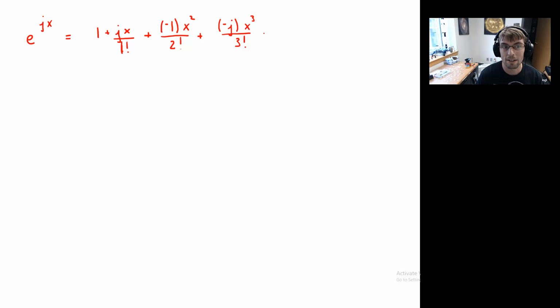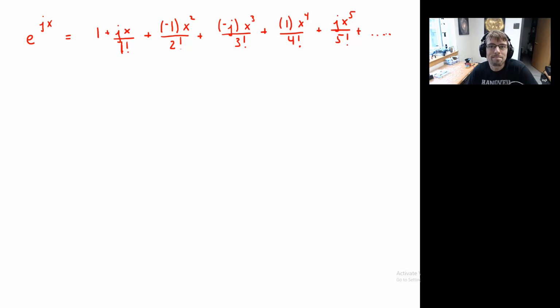Hopefully you see the pattern. Plus the fourth derivative over 4 factorial, plus the fifth derivative over 5 factorial, plus, yeah. Cool so far?